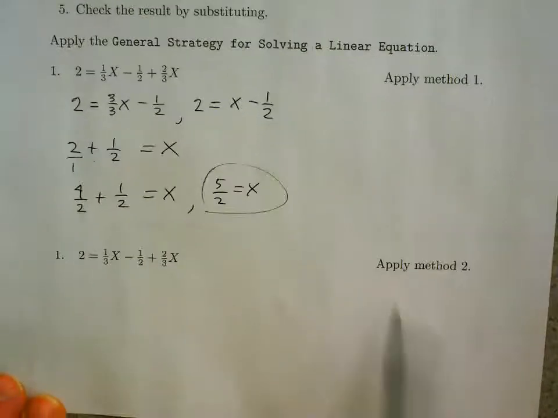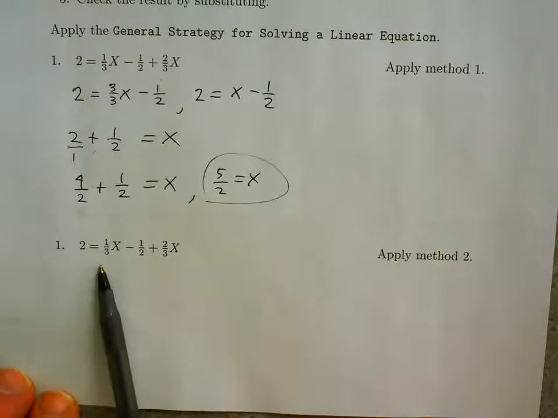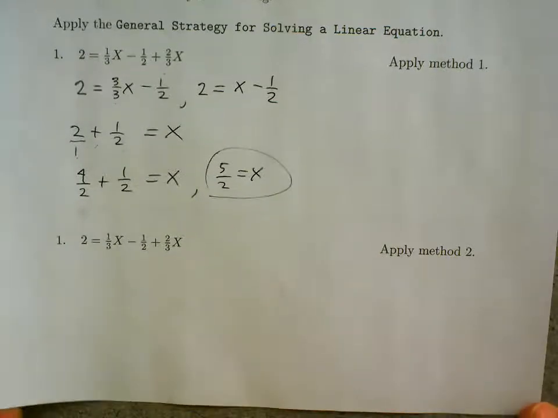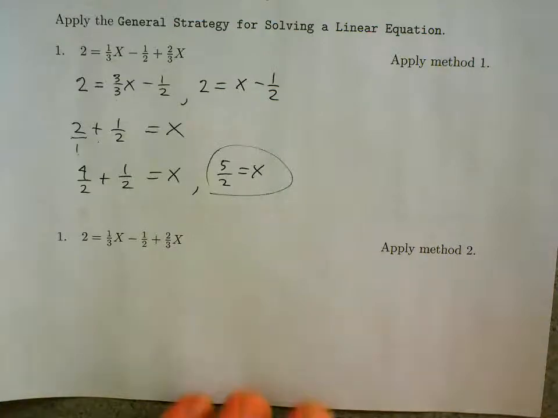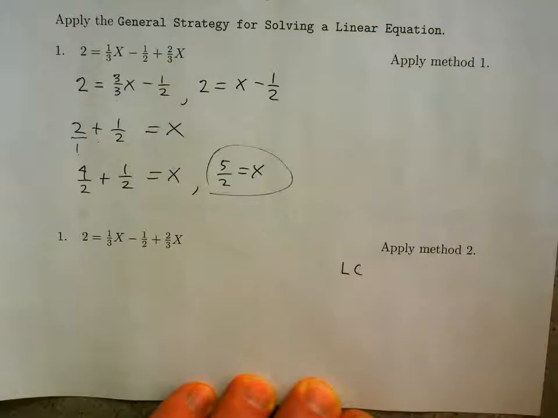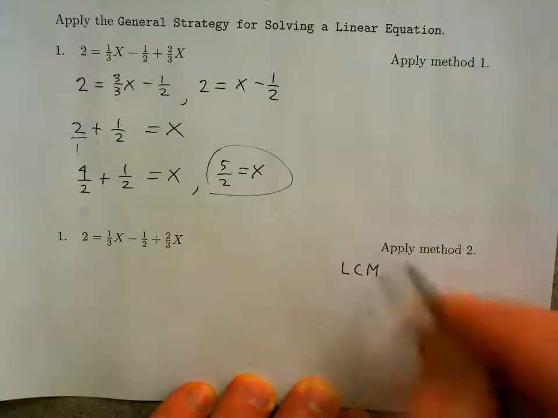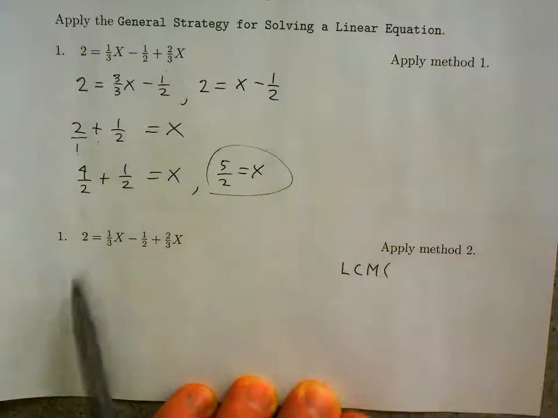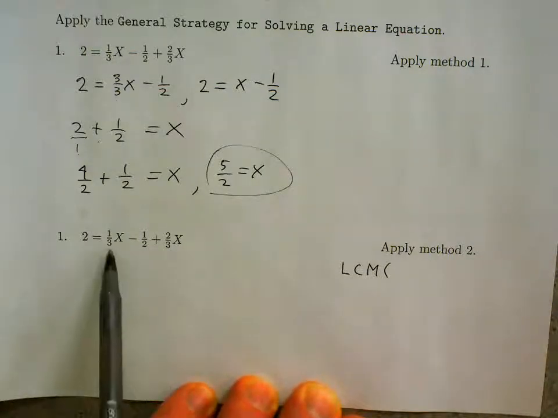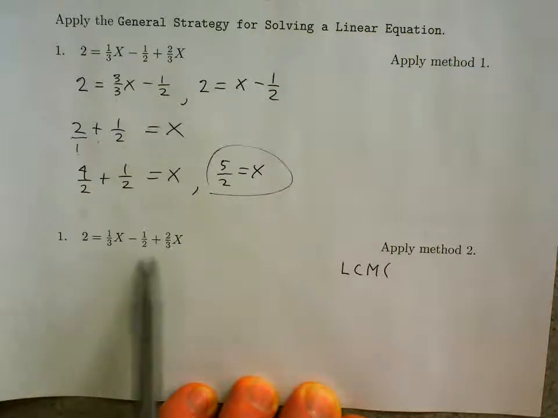The second method we'll solve the same equation. The second method involves finding the least common denominator, or the least common multiple of all of the denominators. Well, there are 3 different denominators.